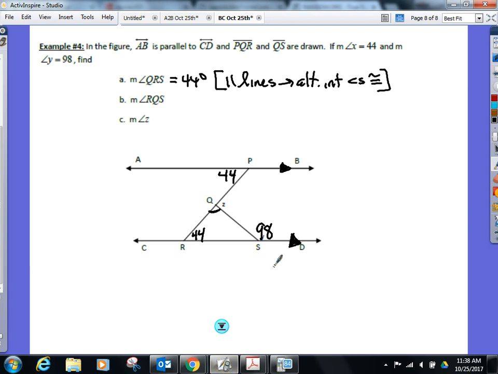So it's equal to 44 plus the angle I'm finding. So what she's saying, 98 equals 44 plus angle RQS. Move the 44 over. Yep, 54. And Emily just used what there? The triangle exterior angle theorem.